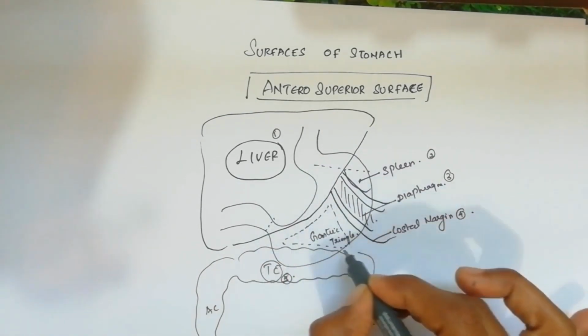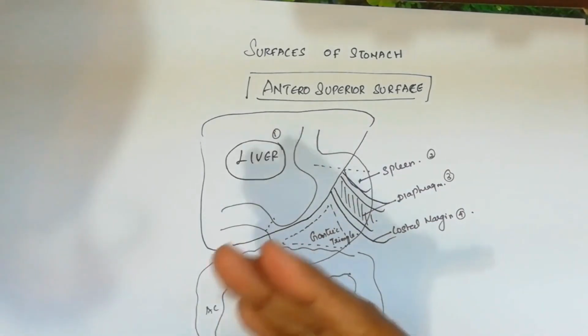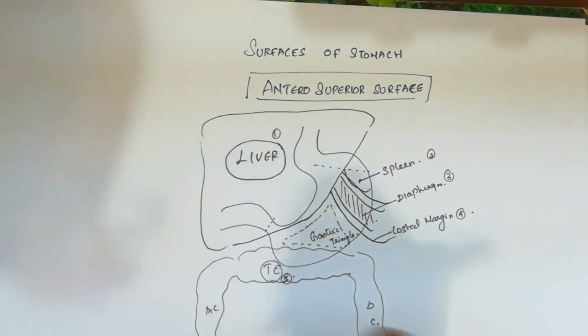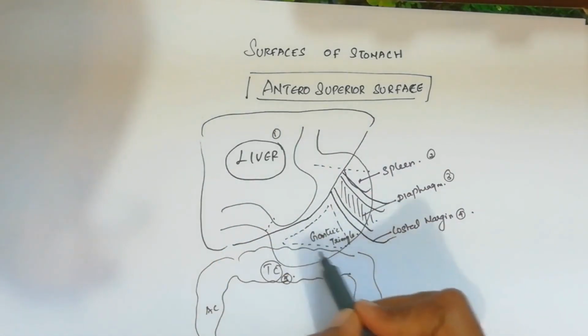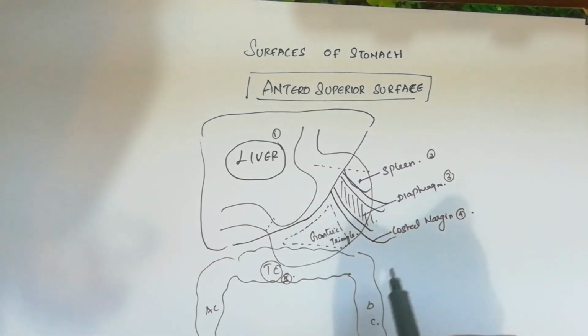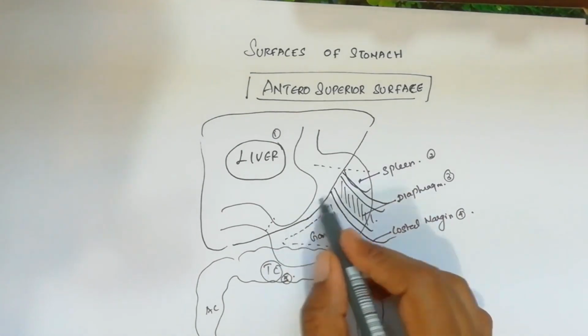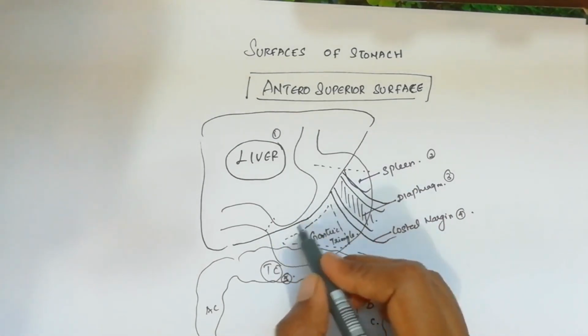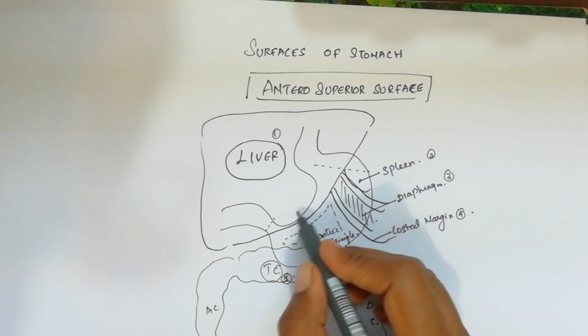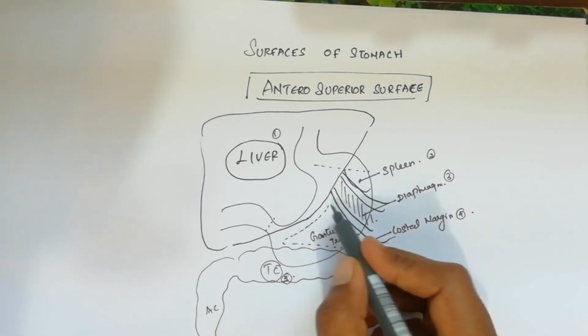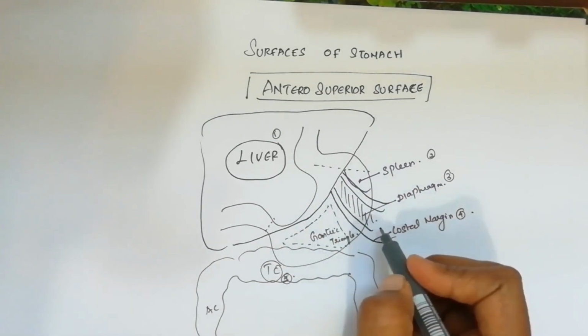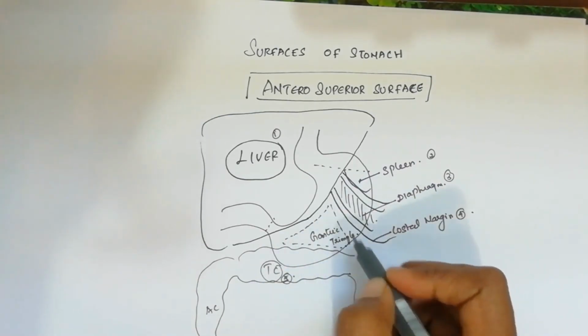Along with that, a small part of the stomach is directly related to the anterior abdominal wall, and that region is called the gastric triangle. The importance of the gastric triangle is in its boundaries. On the right side we have the inferior border of the liver, on the left side the costal margin, and the lower part the transverse colon.